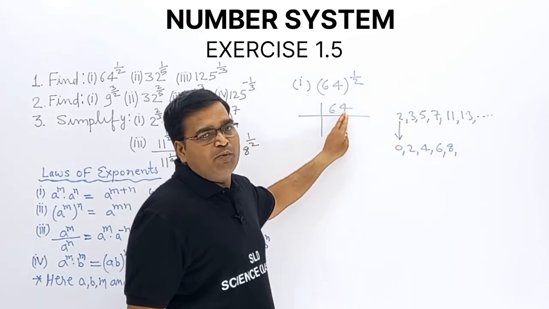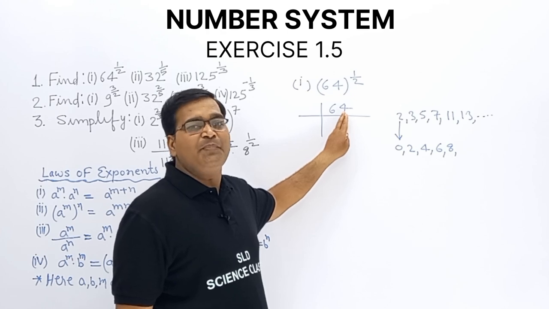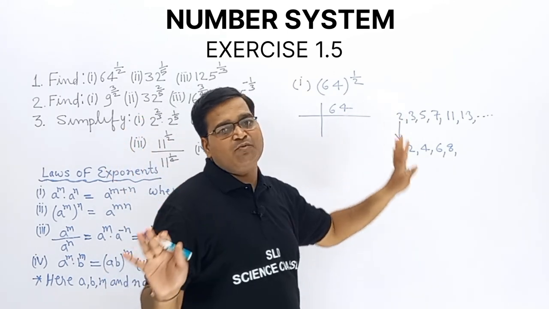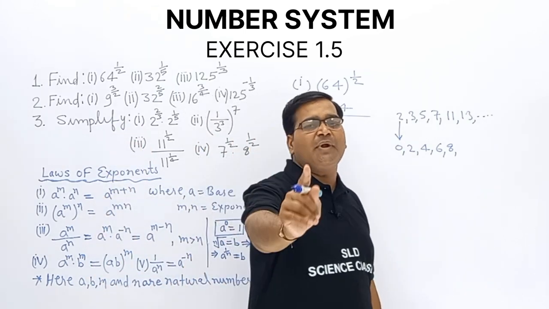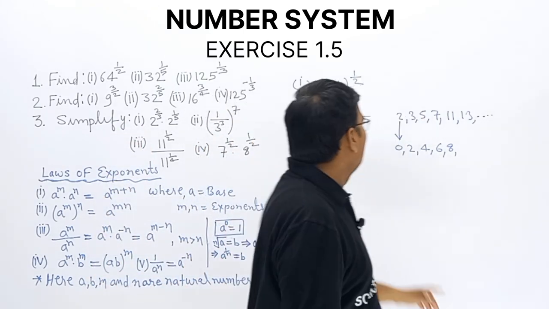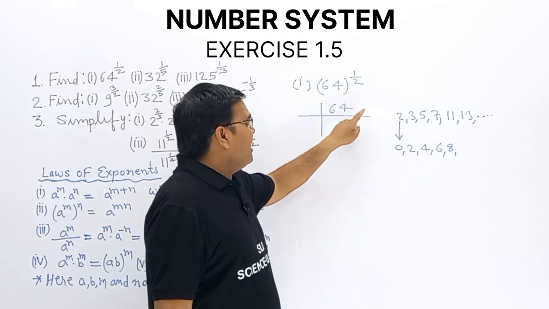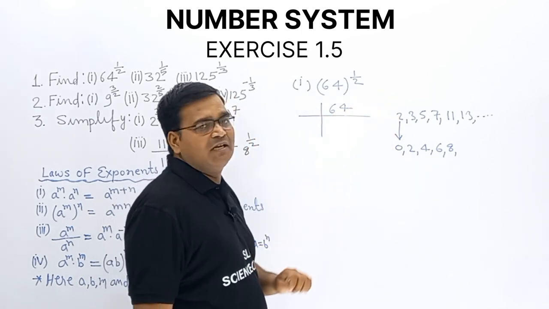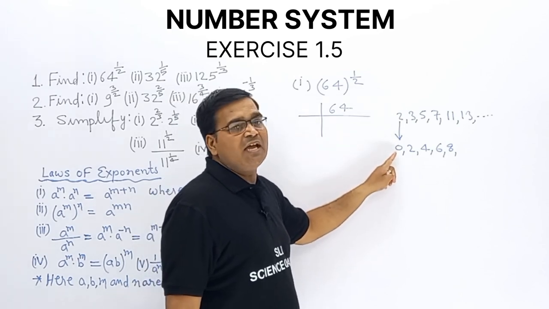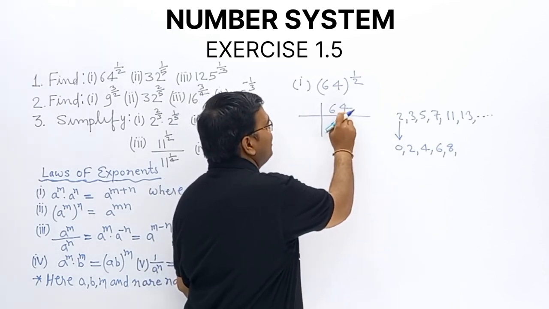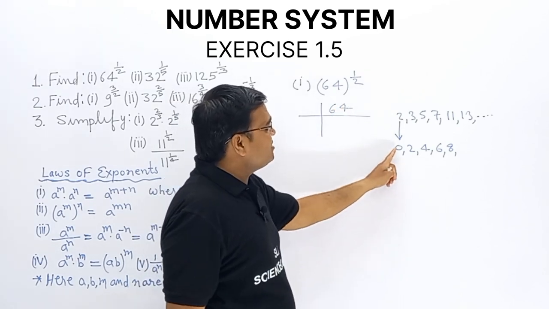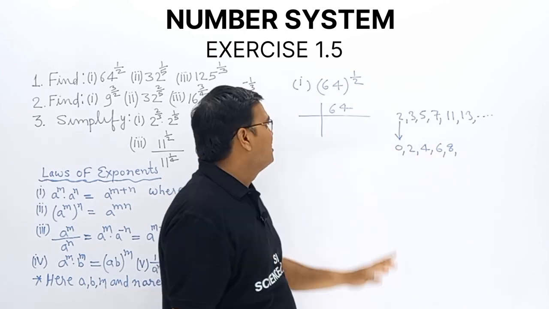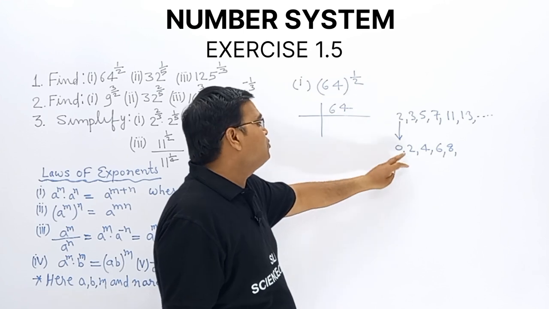Now this is 64, we will do prime factorization with the smallest prime number. 2 is the smallest prime number. 1 is neither prime nor composite. So first we will use 2, and first we check the divisibility. If the number's unit place is 0, 2, 4, 6, 8, we can divide by 2 easily. Now there is a 4, so we can use 2.